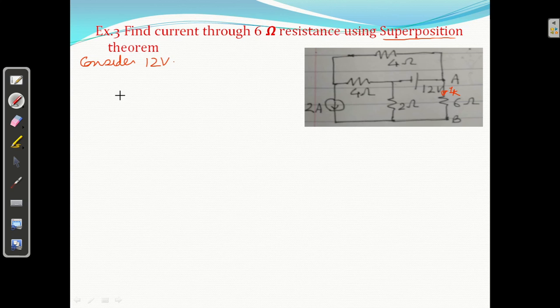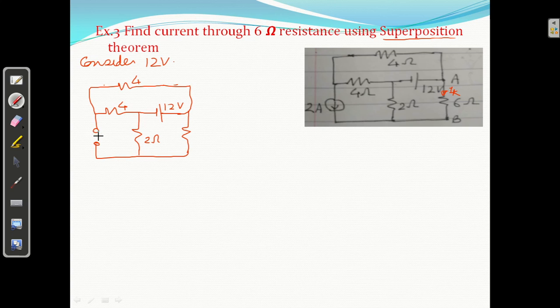So when you consider 12 volt source, this is 4 ohm, this is 4 ohm, this is 2 ohm, this is 6 ohm, and this will be opening it.